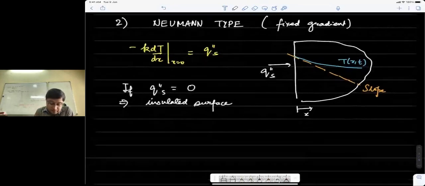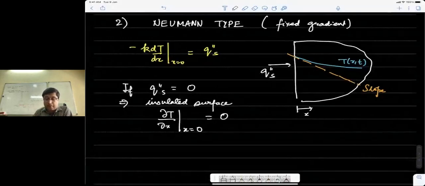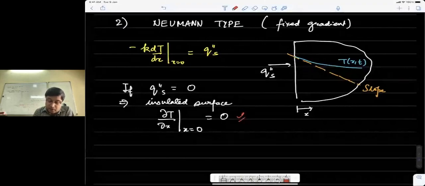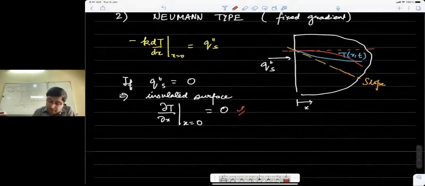In which case, we can say dT/dx on that surface is 0. That means that surface will have a 0 slope at that point. So maybe for this case, the temperature distribution might be like that, with a 0 slope. This is the 0 slope condition. So this might be the T(x,t) when flux is 0.